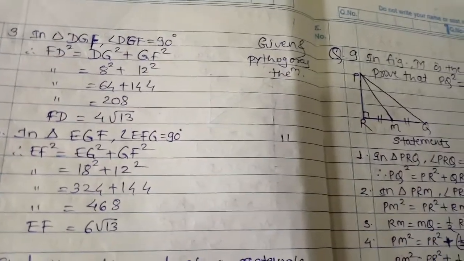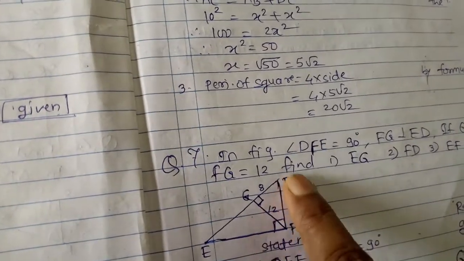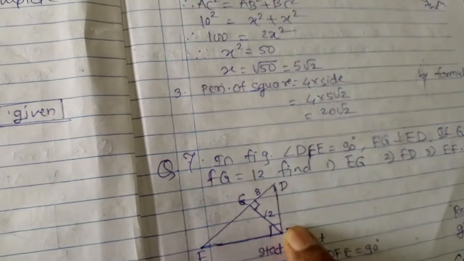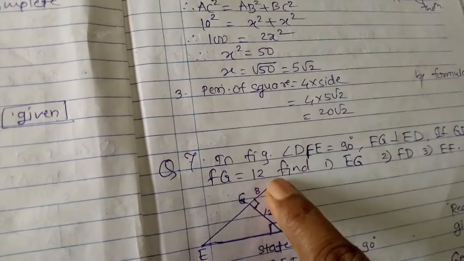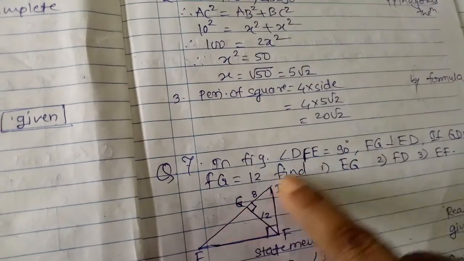FD square. See, where is FD? The side opposite to the 90 degree means FD is the hypotenuse. So hypotenuse square is equal to the sum of the squares of the remaining two sides. So we get FG square plus GD square.